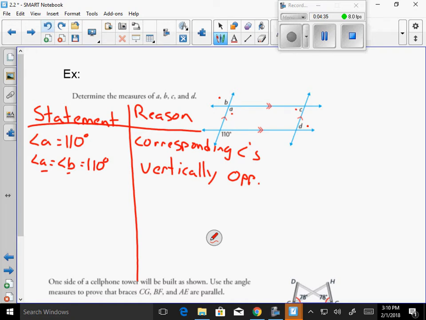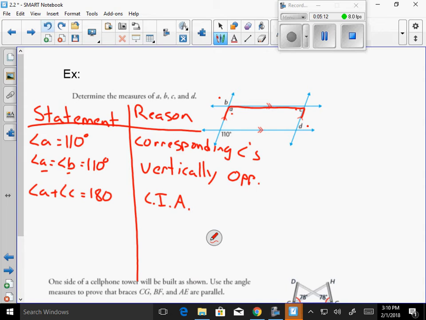Now, I have A and B, now I need C and D. If I look here, I can see that A and C are the inside angles of my letter C. So that means angle A and angle C add up to 180 degrees. So I could say A plus C equals 180 because those are co-interior angles, the CIA.